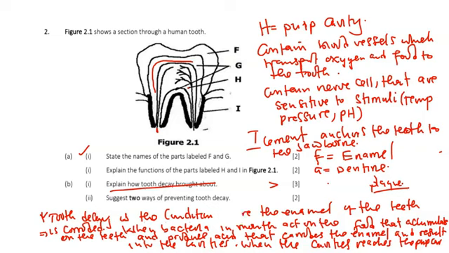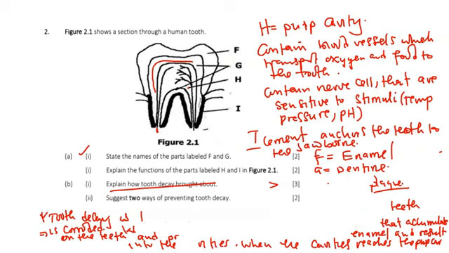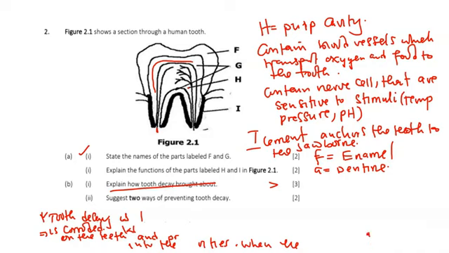Then, explain 2 ways to prevent tooth decay. So how can you prevent tooth decay? One of them is brushing teeth after having a meal. So that is one way to prevent tooth decay. Then what is the other one?